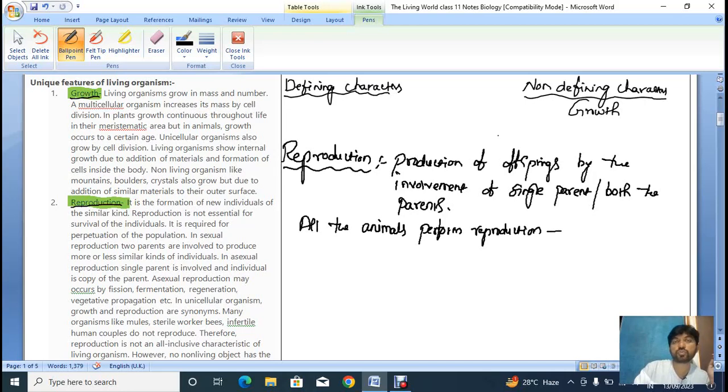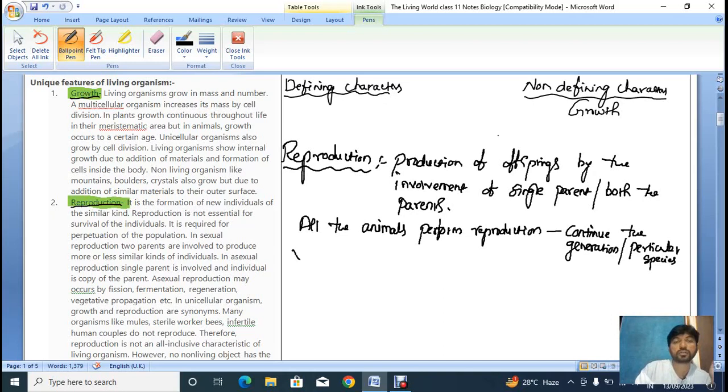To continue their progeny, to continue the generation of particular species, right? That's why all the animals perform reproduction.